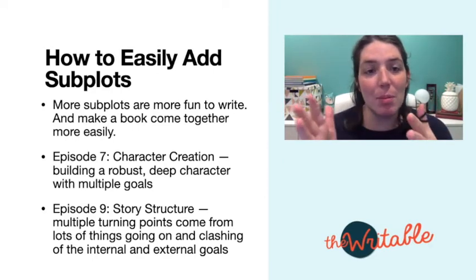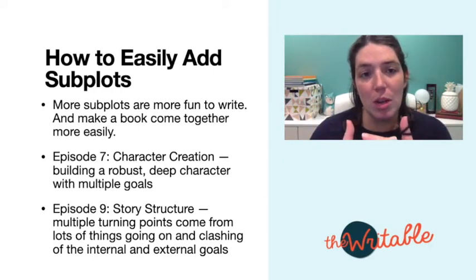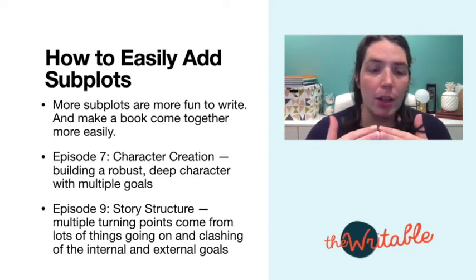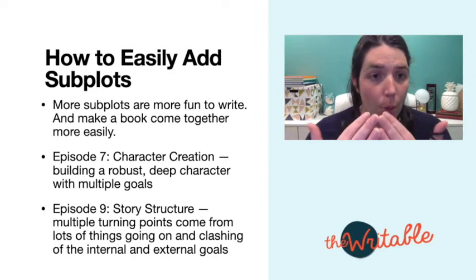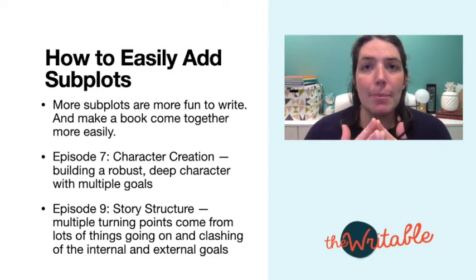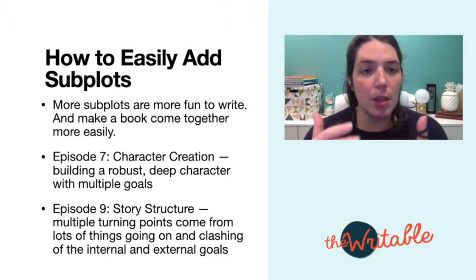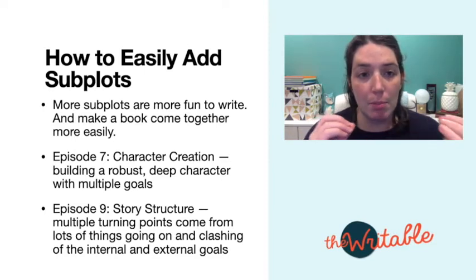And we're just creating a couple of touch points where those two stories are going to interact, or even where you really do want them interacting in some way, but really just even where the subplot is developing and there's just a little tie-in with the main plot.